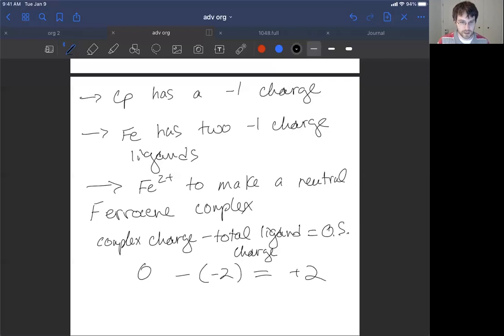So we could then do some interesting chemistry on this, which we could talk about later, but we could talk about it now, sure, because it'll give us some practice counting electrons. Let's say we have titanium, and we have a PMe3 and a PMe3 and a CP and a CP.